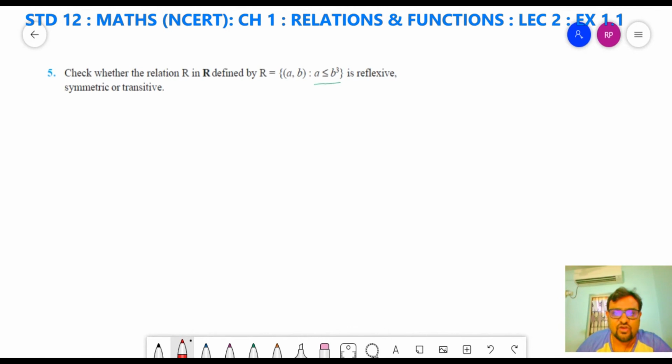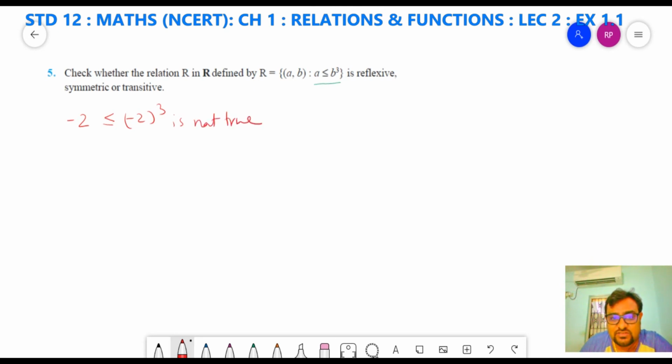So first, for reflexive, if I take any number, let's take the negative number -2. Is -2 less than or equal to (-2) cubed? Because (-2) cubed is -8, this is not true.